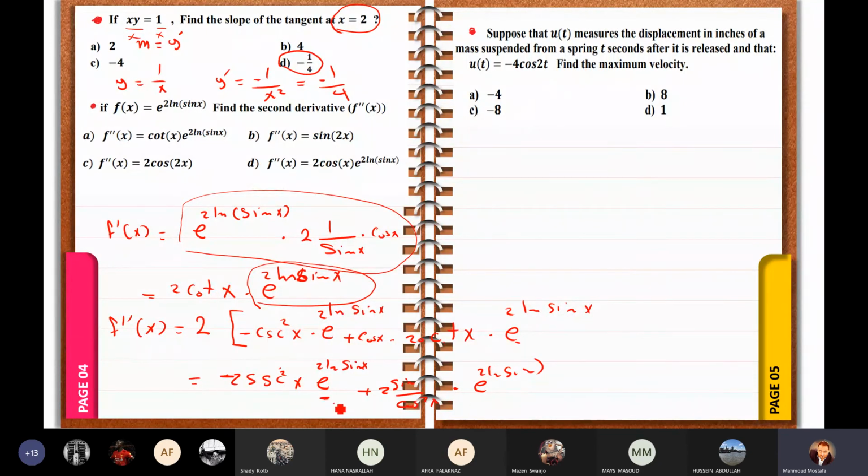Just you have to take e power sine outside. Here we have negative 2 multiply 2, this is 4.